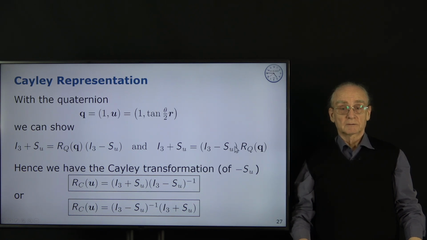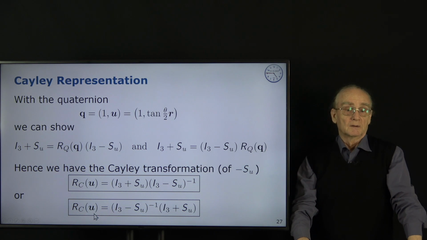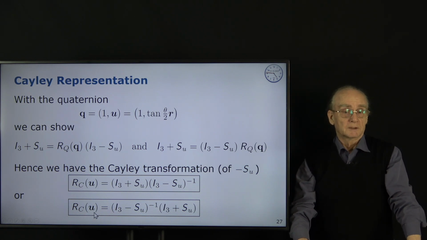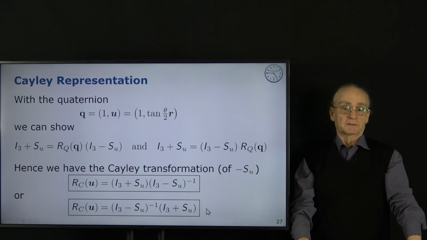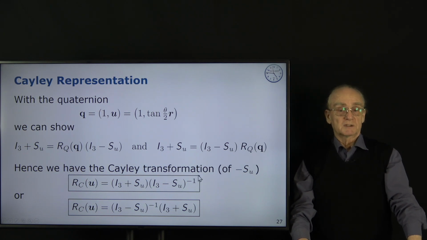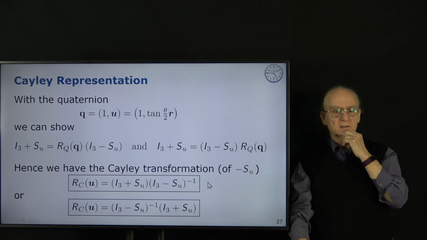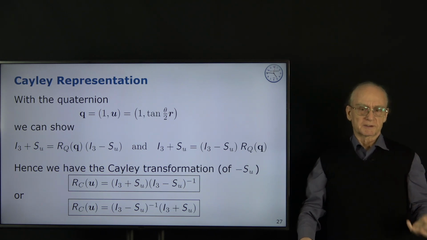And you can also take the inverse from the left side. So you have here the same matrix R in Cayley form, depending on u, is 1 minus the skew-symmetric matrix, inverse, multiplied with the unit matrix plus the skew-symmetric matrix. So this is very interesting because it's just the division of two matrices.